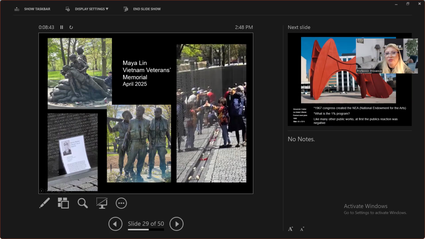Here you can see a gentleman, a veteran, and a woman was escorting him or chaperoning. I don't know what you call it, but his caregiver brought him there, and he was very emotional. And if you look, you can see that there's a bunch of ponytail holders, like little rubber bands that were left there at the nurse's statue.